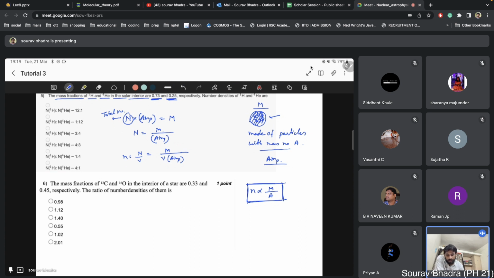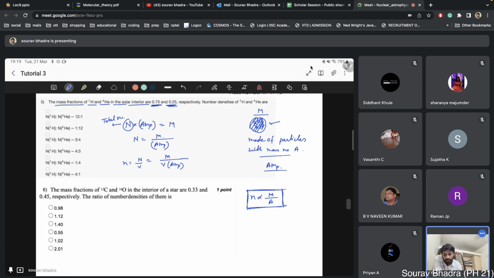Now from here we will calculate. In the problem, the mass fraction is given in the solar interior. That means we are considering the volume of the Sun, so the volume is constant. That is why I write it like this, because it is only true when V is constant.